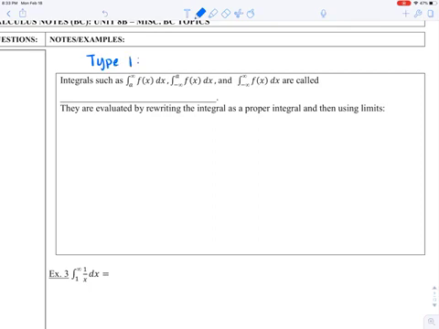A type 1 improper integral is an integral with infinity in your limit of integration.